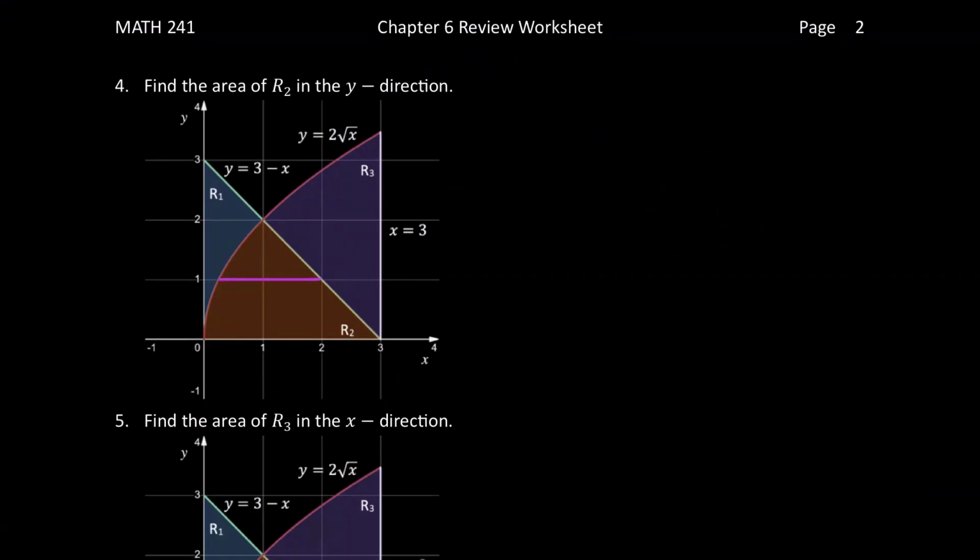And this time, from bottom up throughout the region, if you see this segment, the left end will always sit on the curve 2 square root of x, and the right end will always sit on the line 3 minus x. So one integral will do. Right? For this region to find the area, it's actually easier to do it in terms of y, because you only need to do one integral.